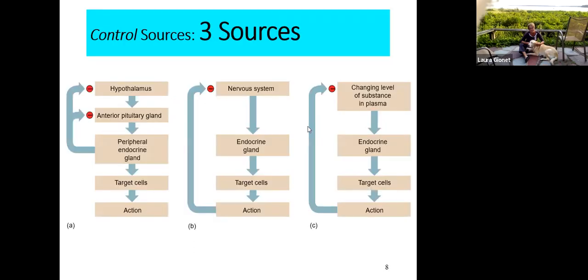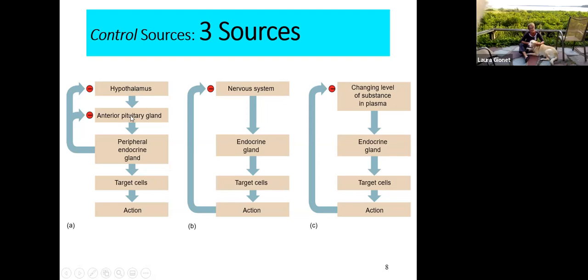All right, we have three major sources of hormones, and how hormones are affecting and functioning within what's considered to be the endocrine system. So let's look at A. We have the relationship of the hypothalamus to the pituitary gland. Those hormones will be put into peripheral circulation, reach target cells, and you will then have an action.